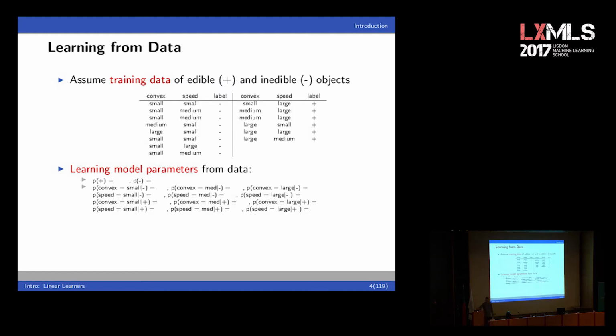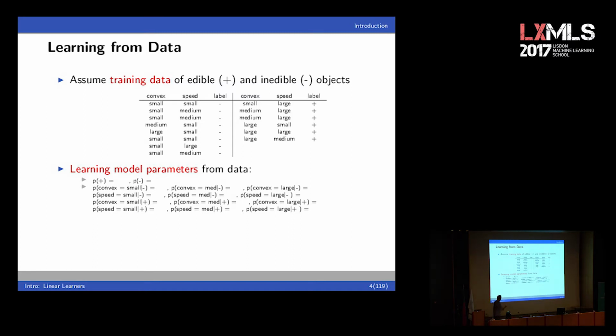That's the second line here. What's the probability that we have a fast-moving object that is non-edible? Or what's the probability of a slow object non-edible? Or do we have a slow object? Yeah, a slow object that is edible.